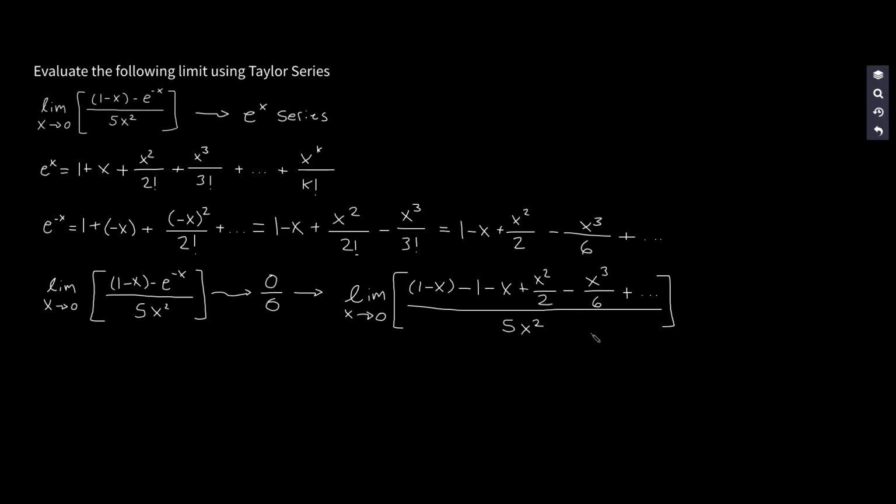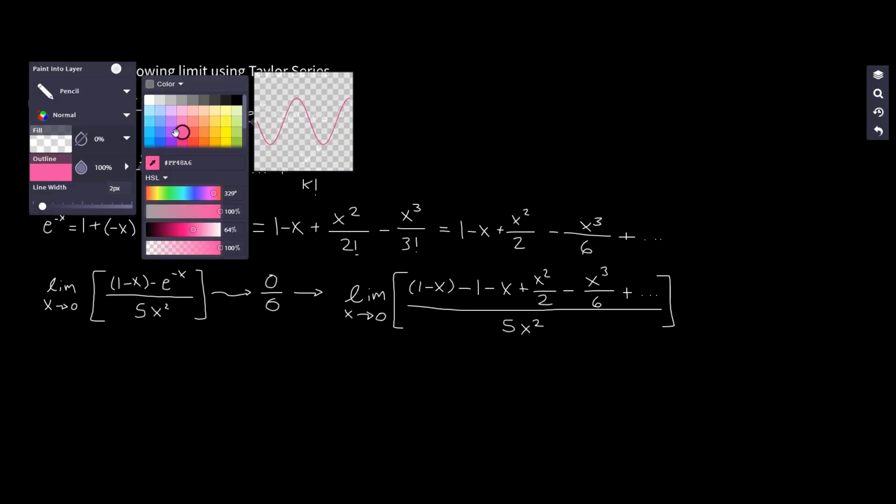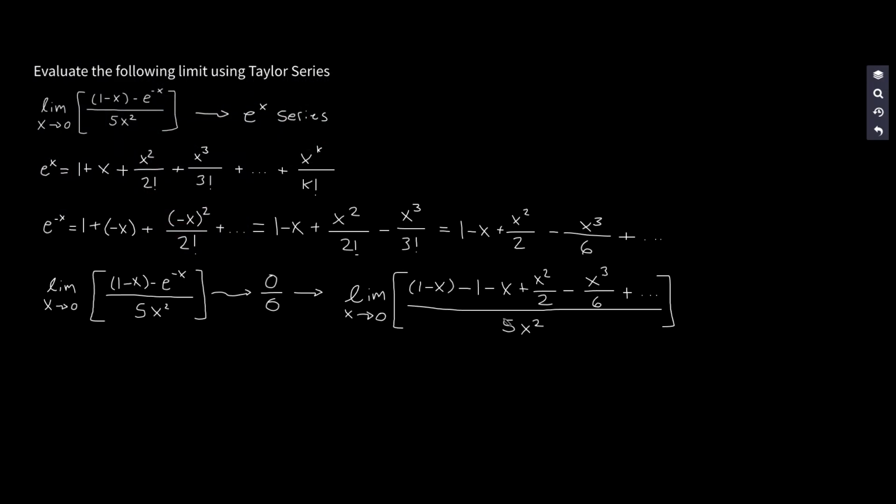Now we could see how the first few terms are going to cancel out. There are going to be a couple of terms that cancel once we drop these parentheses. And that's going to go like this. So 1 minus 1, it's going to cancel. Something's wrong.